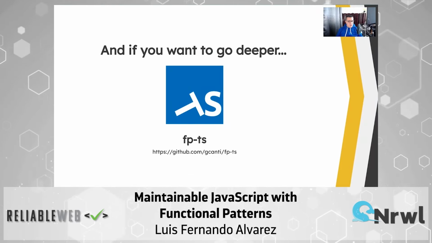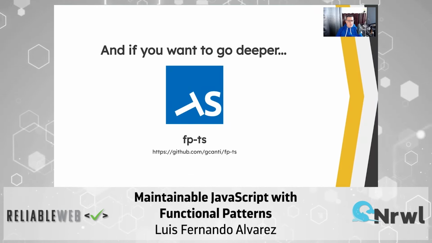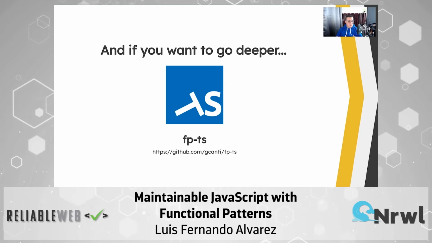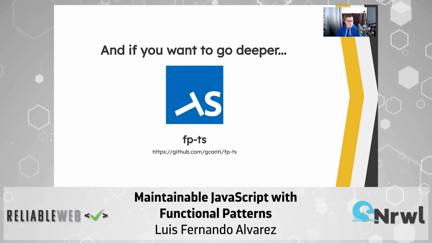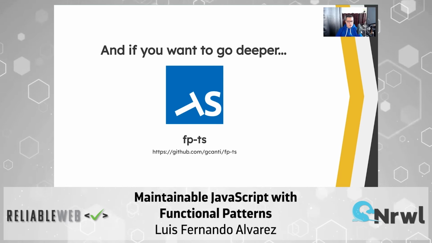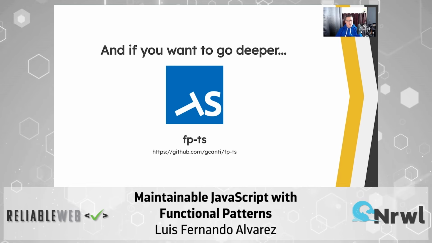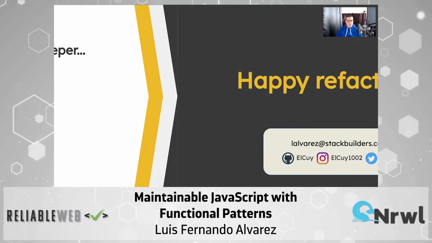And if you want to go deeper, there's this library called fp-ts, which has a lot of concepts from functional programming applied to TypeScript, with the strong type system. So go check that out. That is a really nice library.